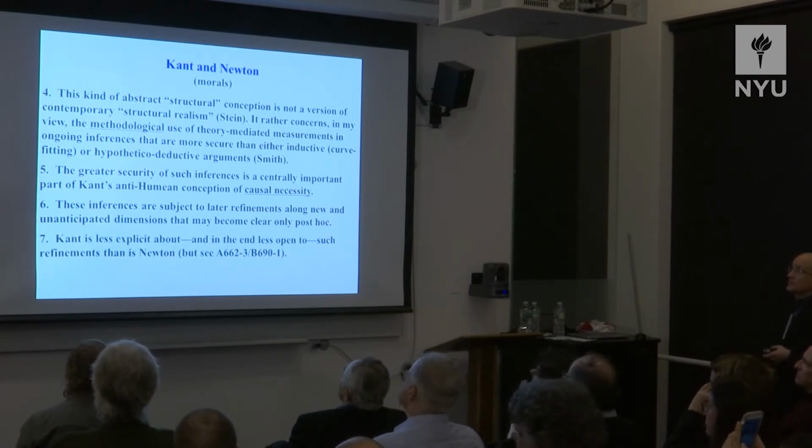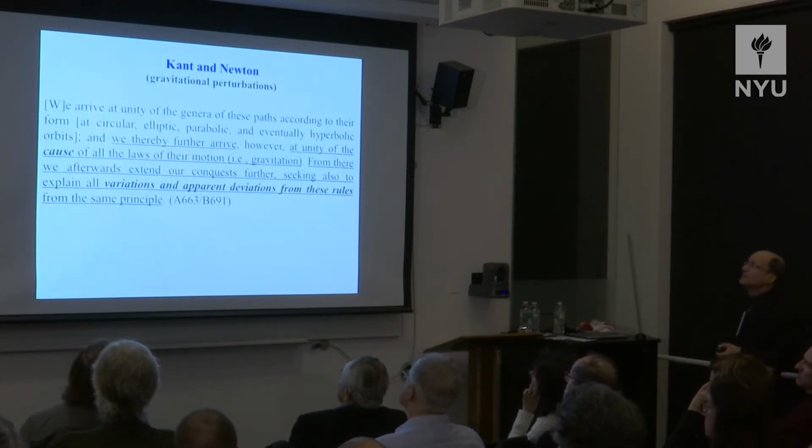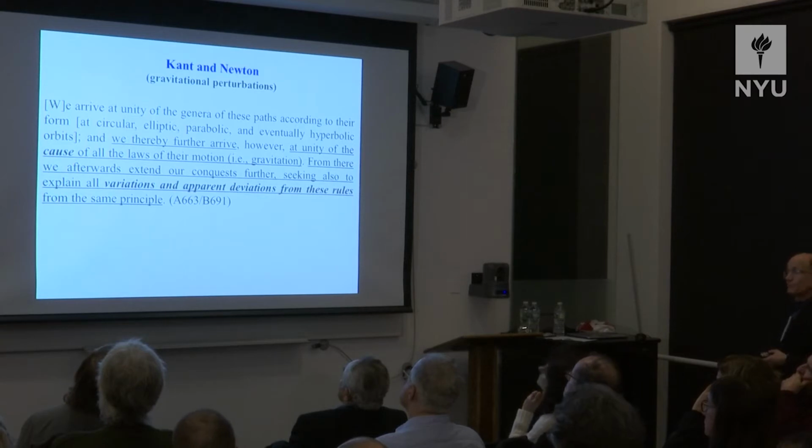Finally, Kant is less explicit about, and in the end less open to, such refinements than is Newton, but hold on a moment. Here in the appendix to the dialectic on the regulative use of reason, in both the first and the second edition of the Critique, he's talking about the orbits of the planetary bodies and how we arrive at the unity of their cause, i.e. gravitation.